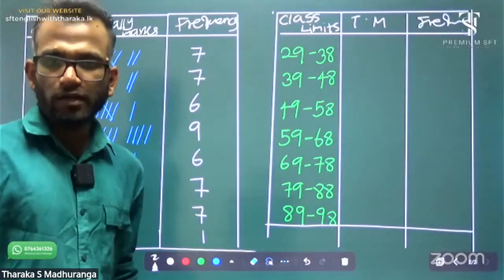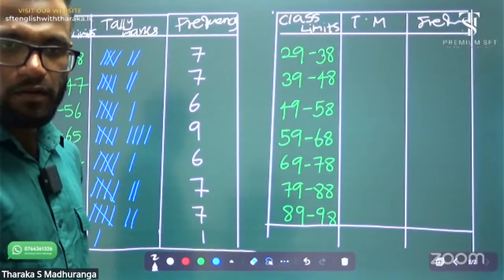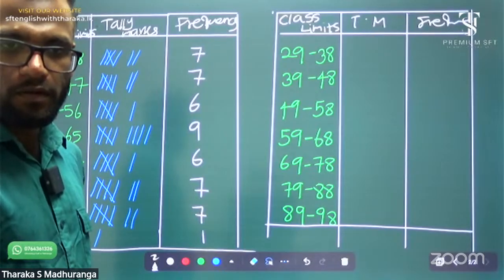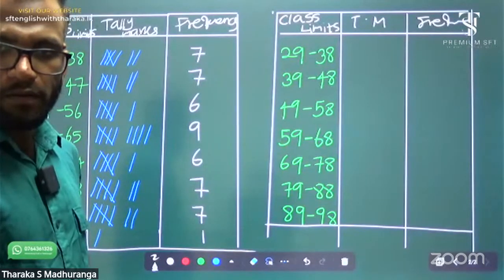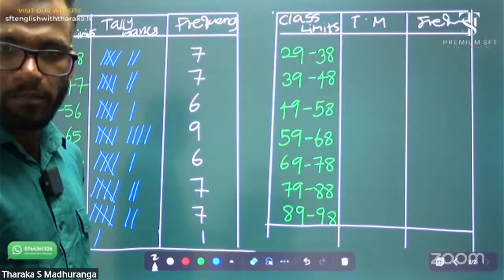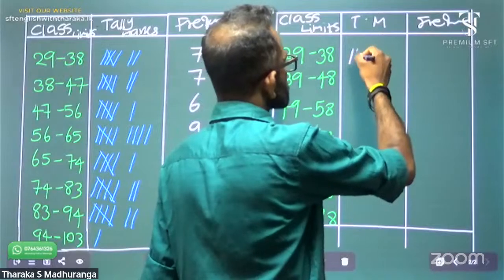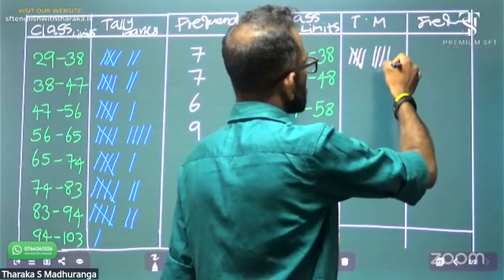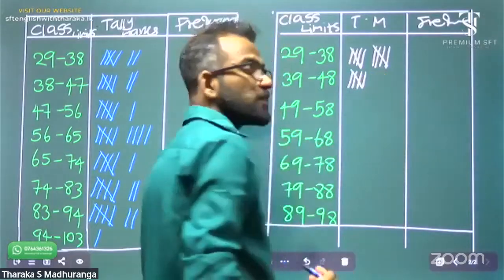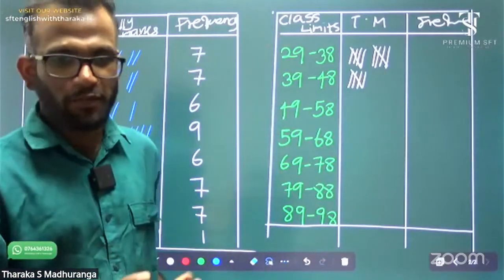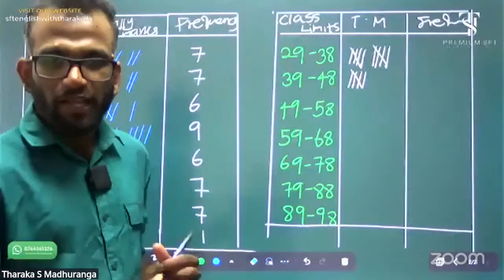Kabir, send me. Okay, first one, 10. Okay, these tally marks are not compulsory. If you already know the frequency, you don't need tally marks. But I'm writing because to find this frequency, you have to use tally marks.